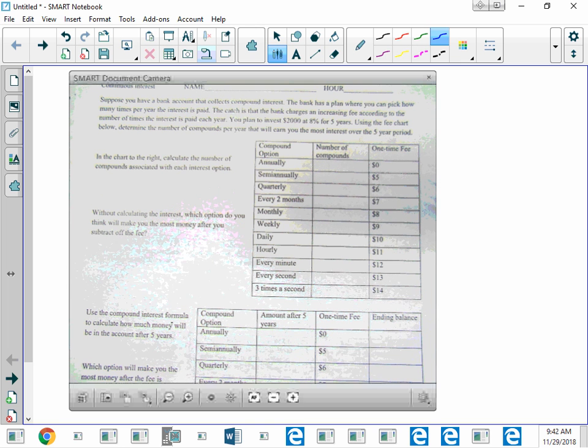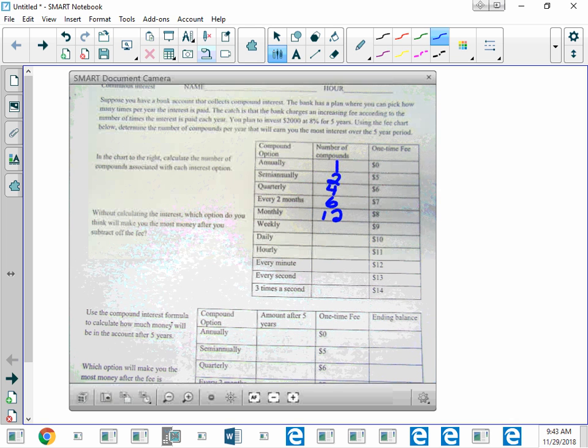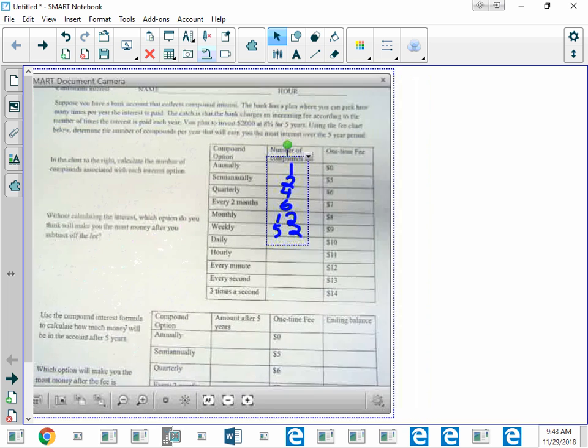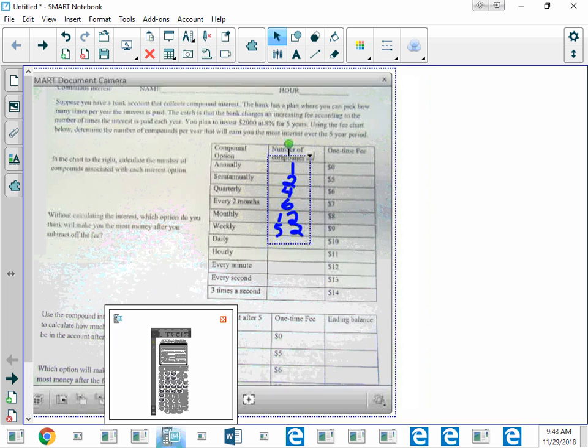Annually would be 1, semi-annually 2, and then 4, 6, 12, 52, and I'm going to want to move this out of the way. I'm going to need a calculator in a second.